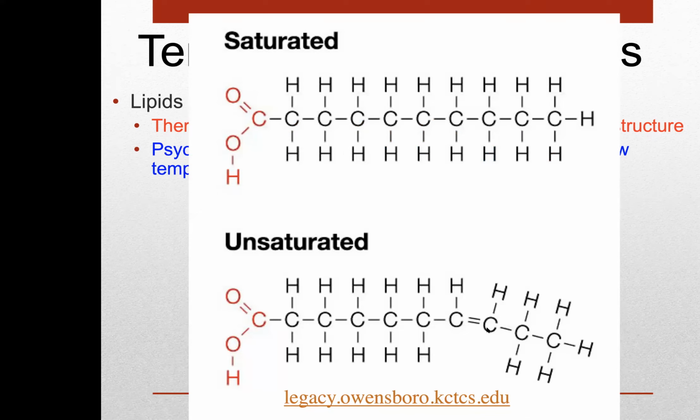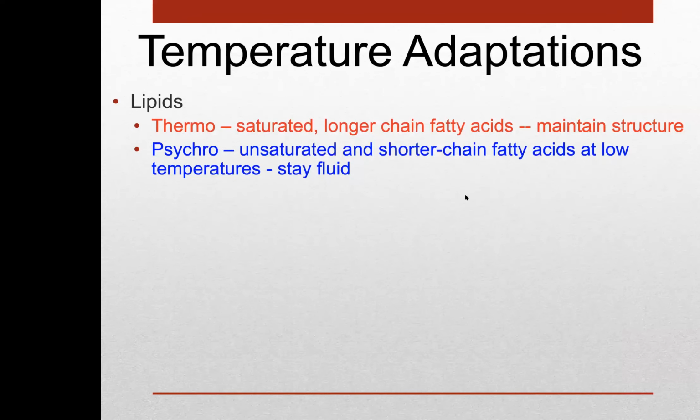You don't have those double bonded carbon-carbon bonds. So thermophiles are going to tend to be in this category, okay? Saturated. Psychrophiles are going to have unsaturation and shorter fatty acids.